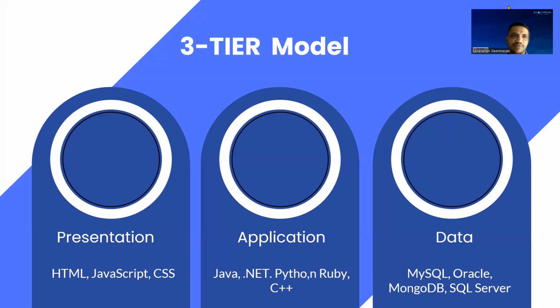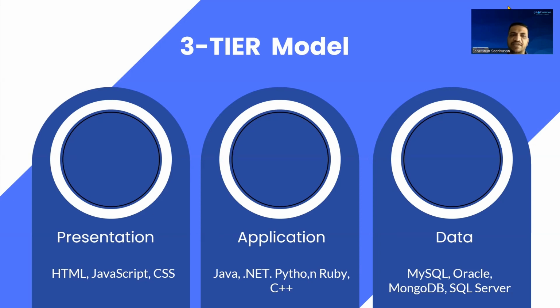The application layer is the application logic, your module logic basically. The functionality and logic of the application will be written in a programming language such as Java or any other programming language. Logic will be written in the application layer.